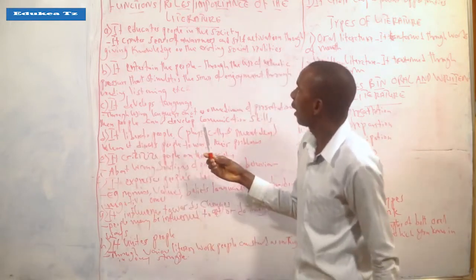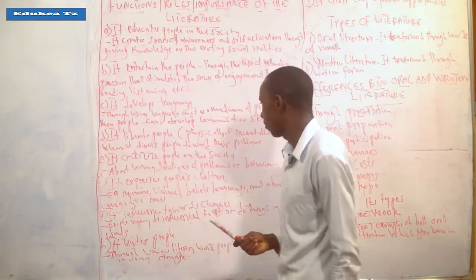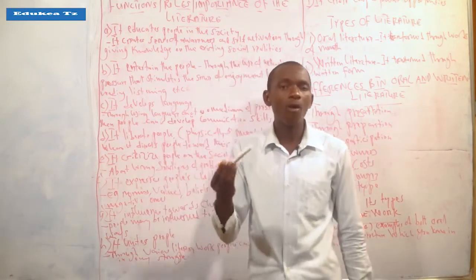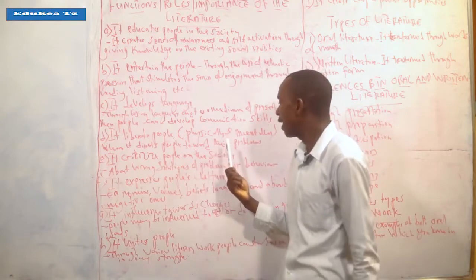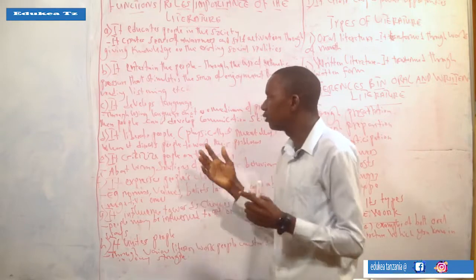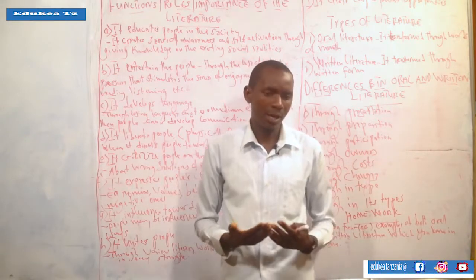Also, another function of literature is that it liberates people physically or mentally. Physically or mentally. I can start here by briefing you about physical issues. How literature can liberate us physically.